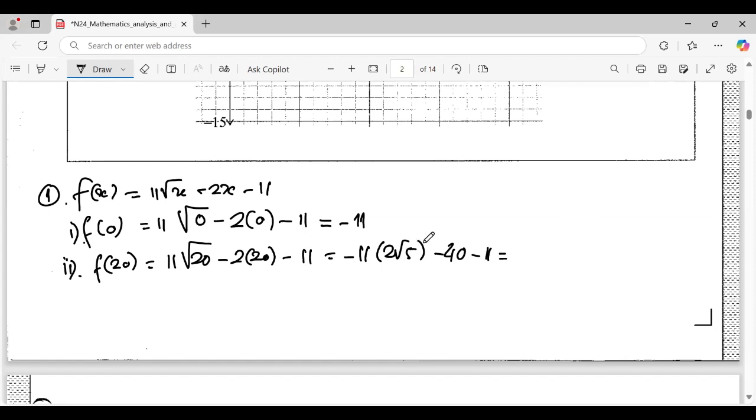There are two values of √5, positive and negative.